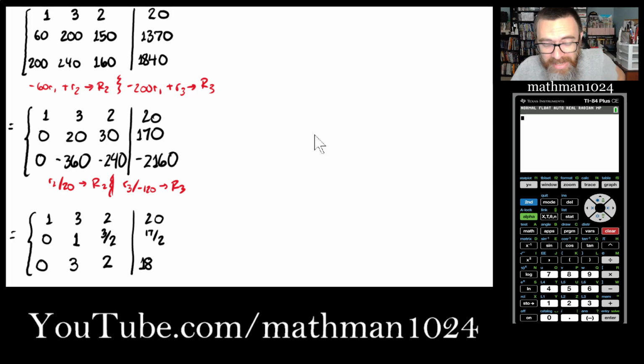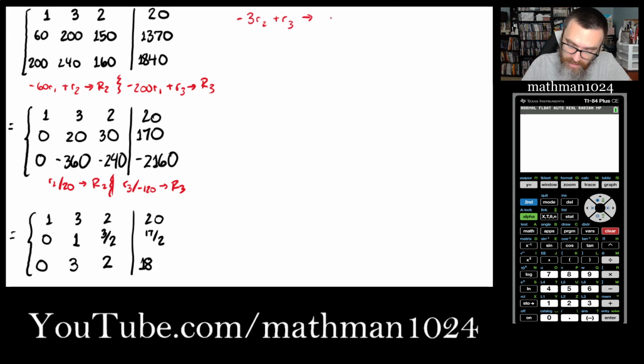All right. Now I need to get 0 there. So I've got to do negative row, nope. So negative 3 times row 2 plus row 3 and make that substitution.